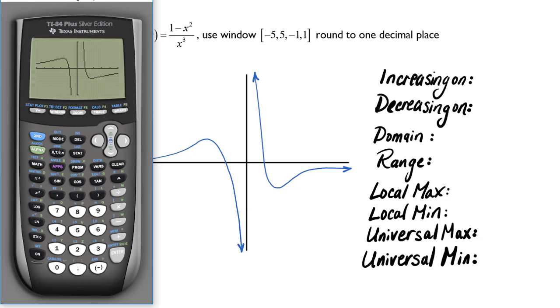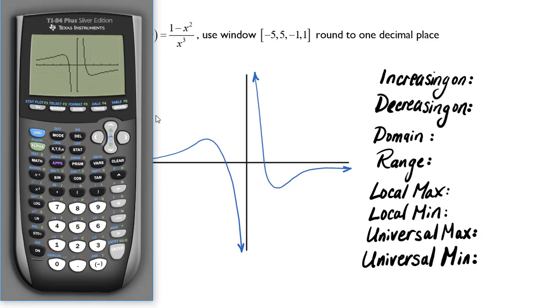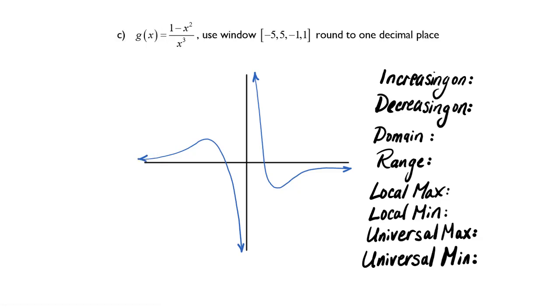We now have the general sketch of this graph given on the calculator. I need to find where this function is increasing, where it's decreasing, etc. So again, I'm going to highlight the domain values for which this function is increasing. So from -infinity all the way up to this high point, the function is increasing.